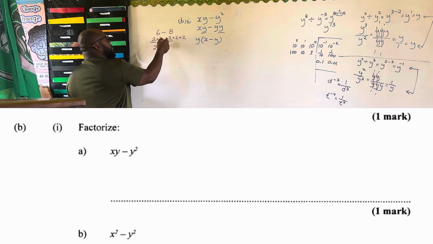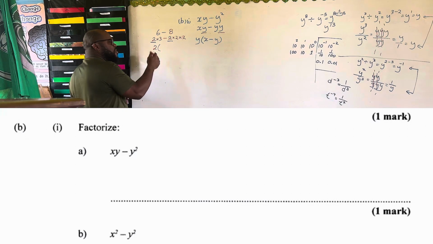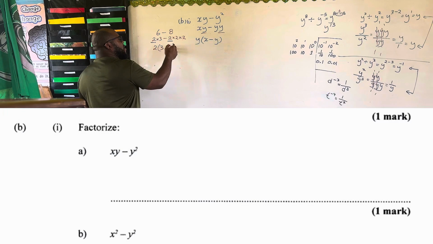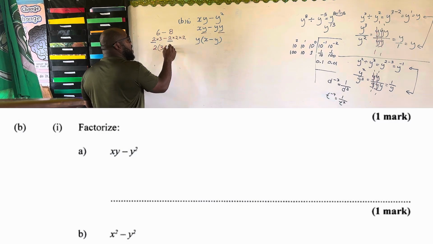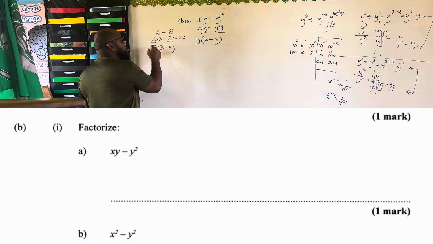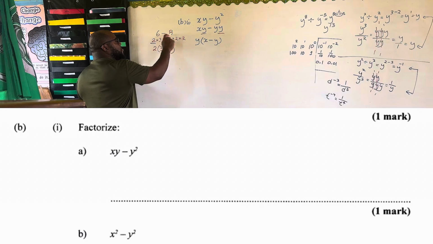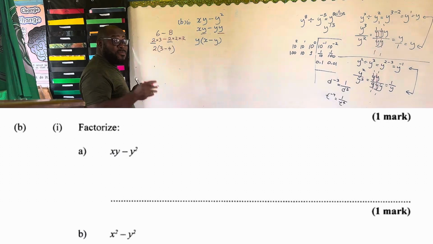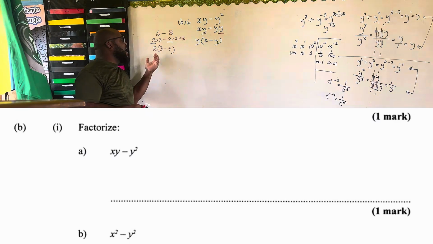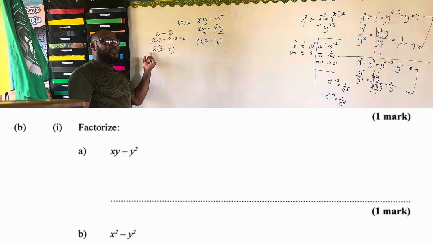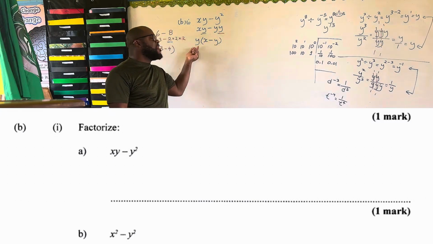Leave 3 here and leave 4 here. 2 times 3 take away 4. Let's check back with the distributive law now. 2 times 3 is 6, 2 times negative 4 is negative 8. So the highest common factor in this case is what? 2.